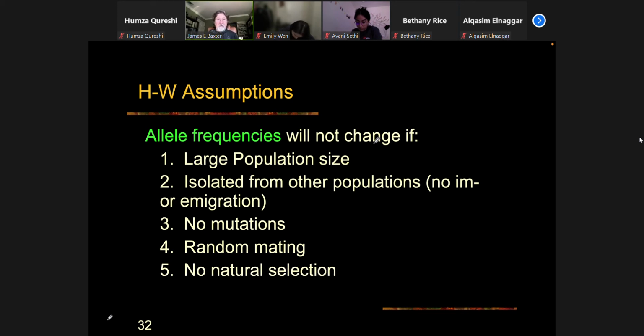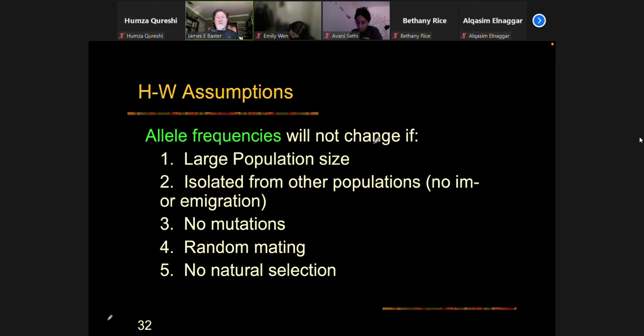If all 5 of these assumptions are true for our population, then from generation to generation there should be no change. No change in the allele frequencies, no change in the genotypic frequencies. In other words, this population should be in Hardy-Weinberg equilibrium.